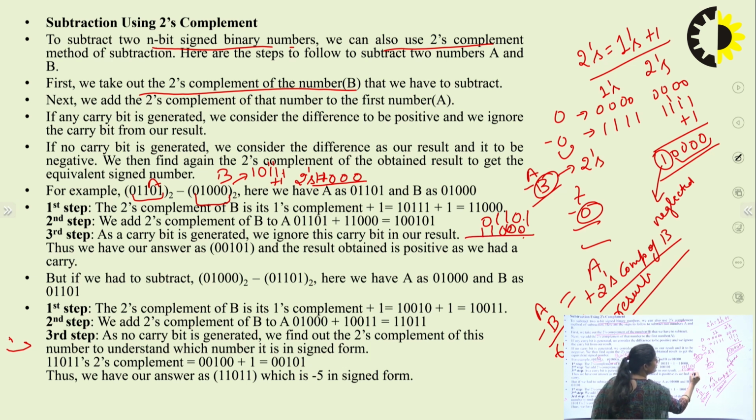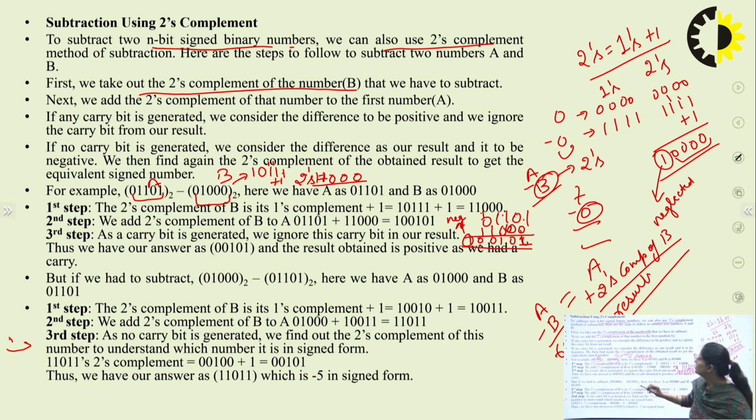So adding them, we get 1 0 0 1 0 1, where the carry will be neglected and we get 0 0 1 0 1 as our result. So this is our result.